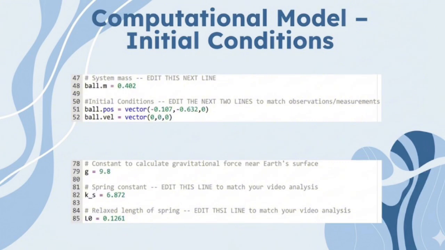Using the derived formula, T equals 2 pi root mass divided by K, I found the spring constant to be 6.872 Newtons per meter. I then solved for the relaxed length using the static equilibrium position, finding it to be 0.126 meters.